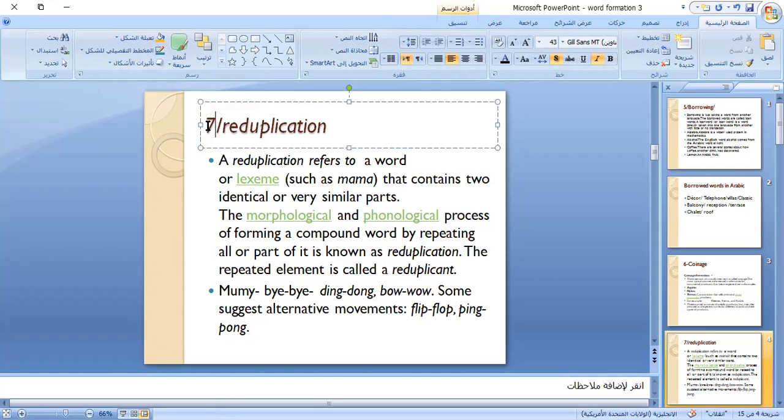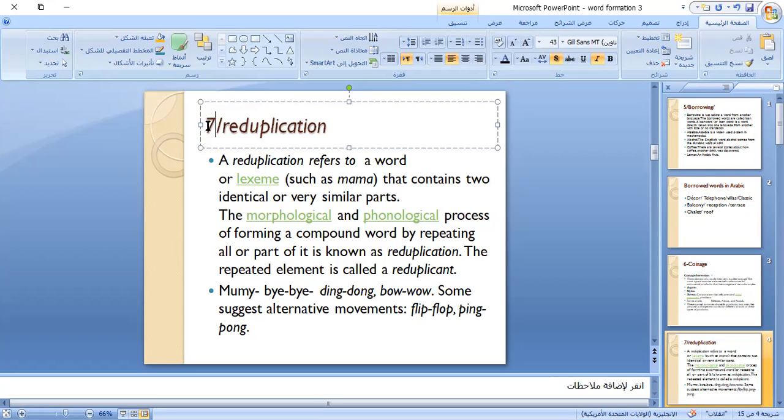The repeated elements of the word are called reduplicants. The one part ma is a reduplicant, the second ma is a reduplicant. Both are two reduplicants. Mommy is also a matter of reduplication. Ma, me, they are not identical, but they are similar.